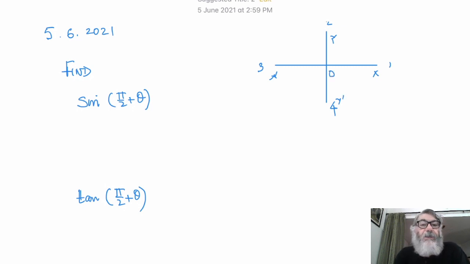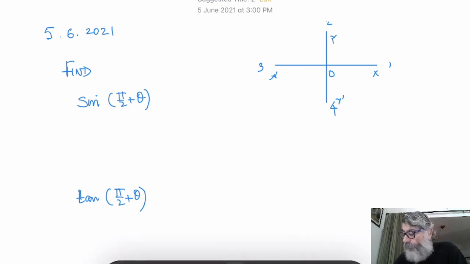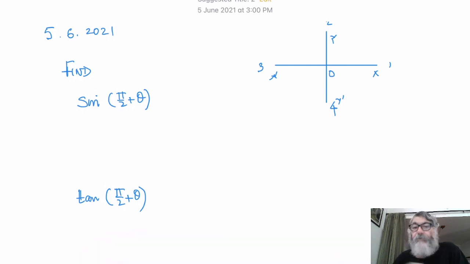So when I'm talking of sine of pi by 2 plus theta, that means this angle is going to fall into the third quadrant. And this transformation is taking place along the vertical line, pi by 2.